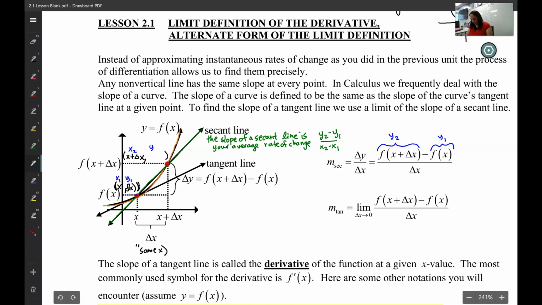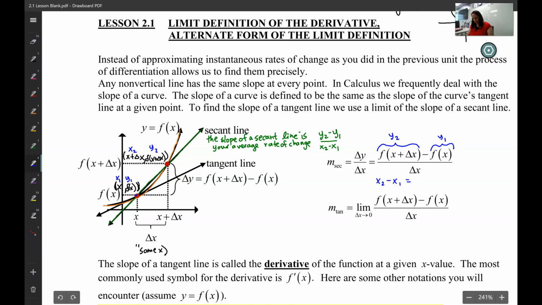And if I wanted to find y2, I would plug this into my function. So f of x plus delta x. There's my y2. So right here, it's easy to see I have my y2 minus y1. This is x2 minus x1.